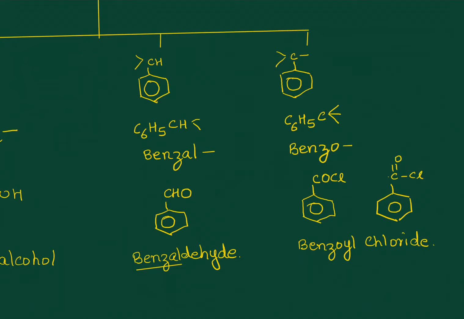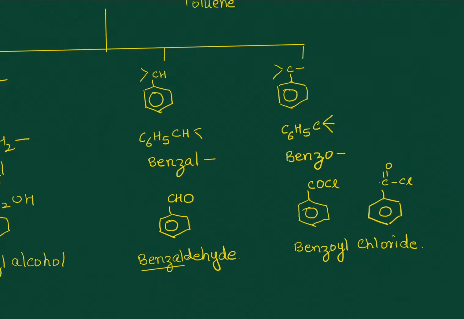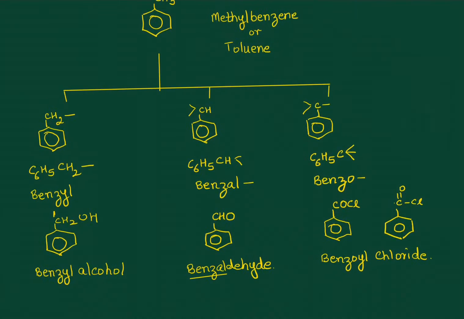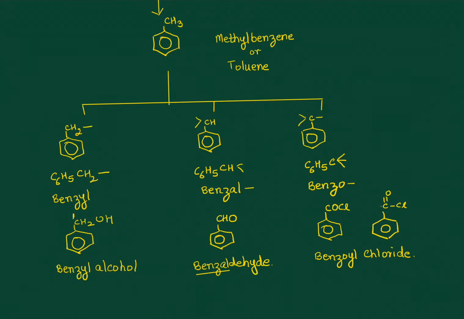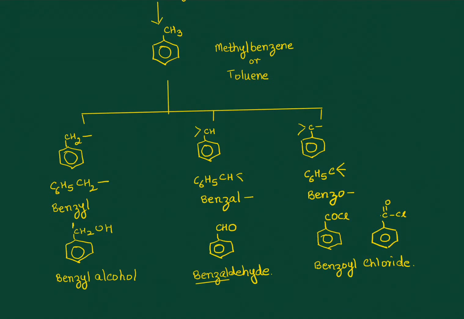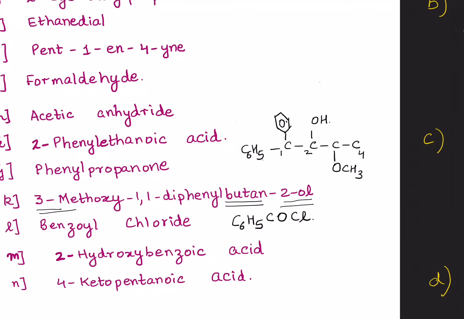So I hope I have cleared your concepts of benzyl, benzyl and benzo and how and where they are used. These are common system adaptations for the IUPAC name of, yes, the aromatic compounds. So let's come back to benzoyl chloride.